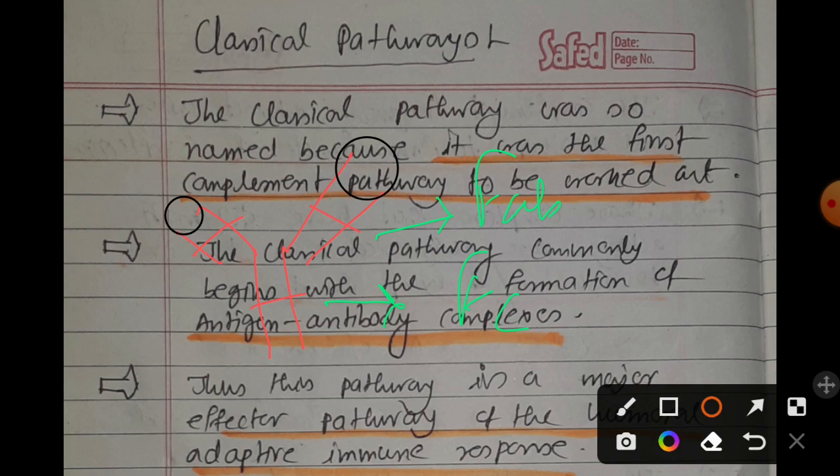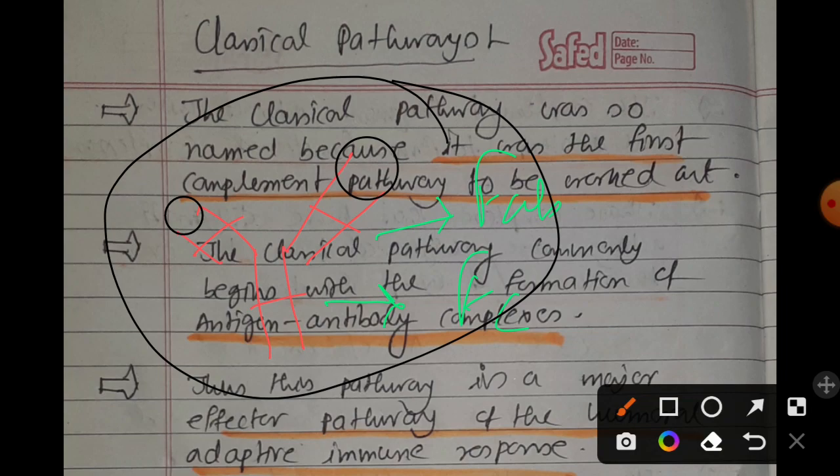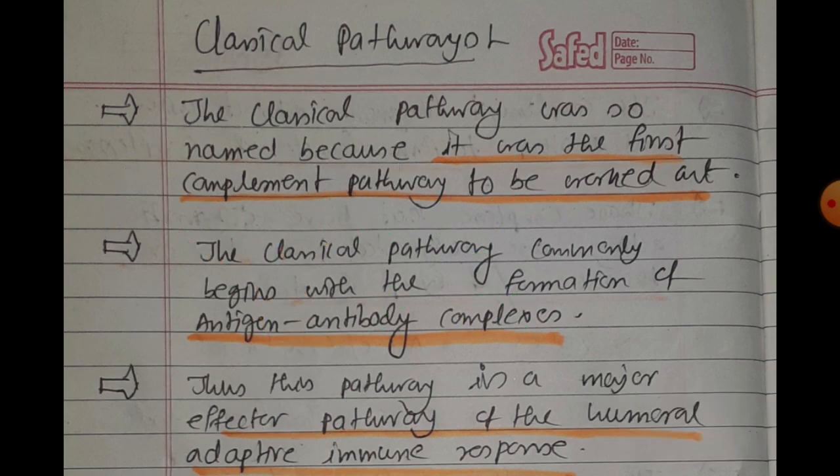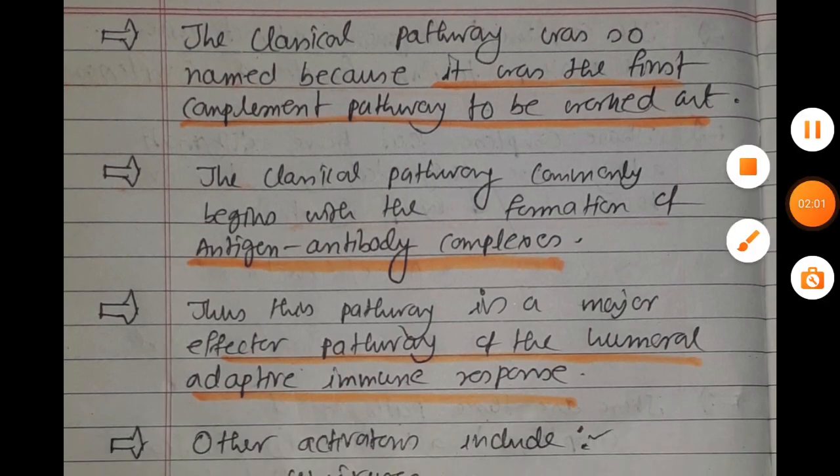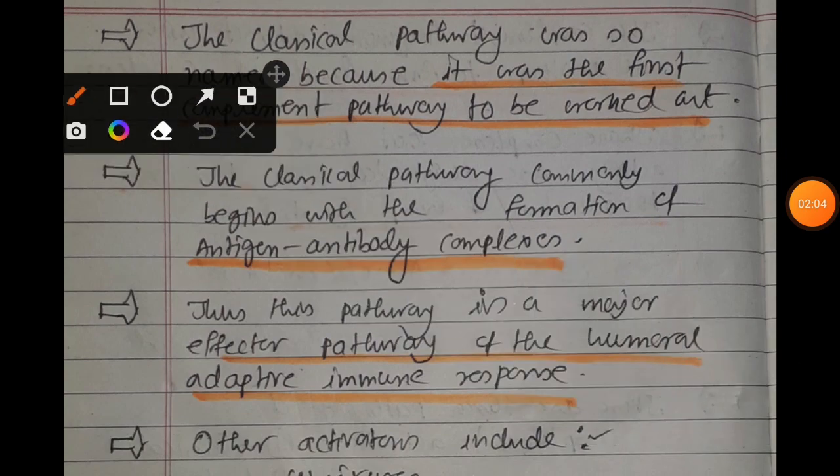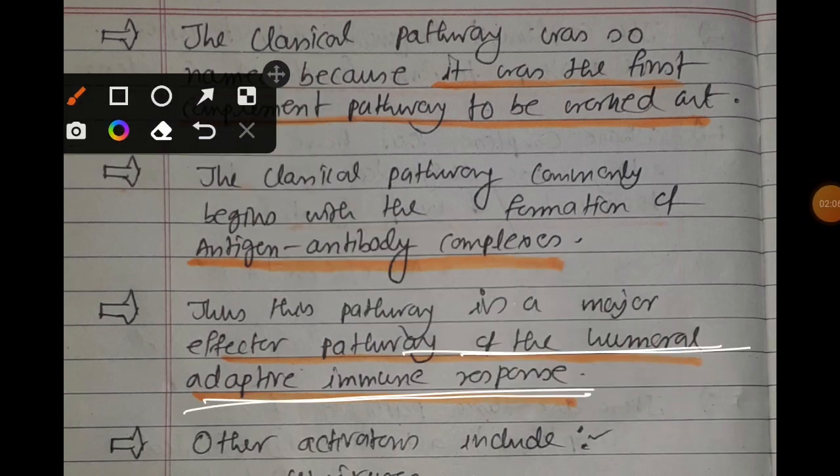So when this kind of complex is formed, the components of the classical pathway can bind with that FC part and start the entire classical pathway. So the first important criterion for the classical pathway to begin is the formation of the antigen antibody complex, and that is why we say that the classical pathway is the effector pathway for the humoral adaptive immune response.